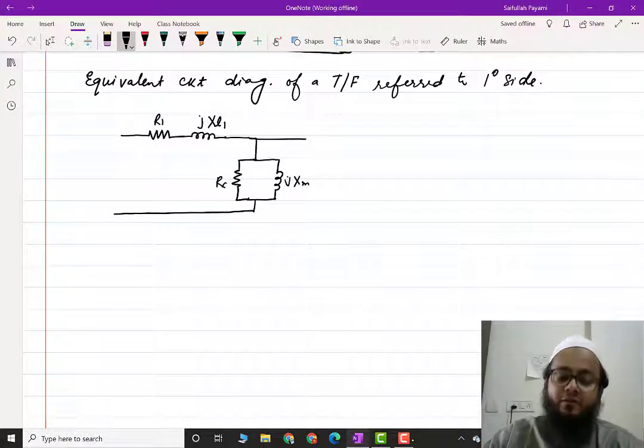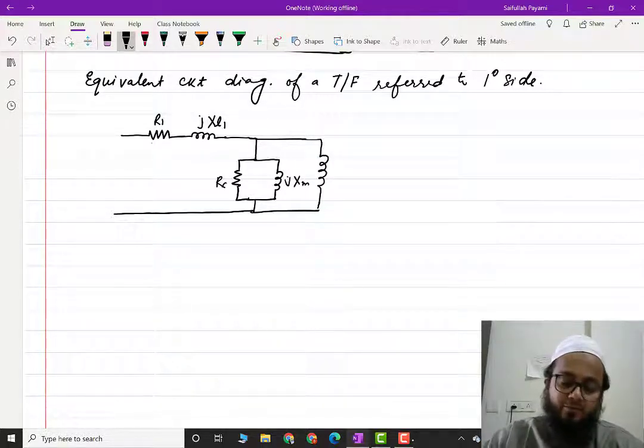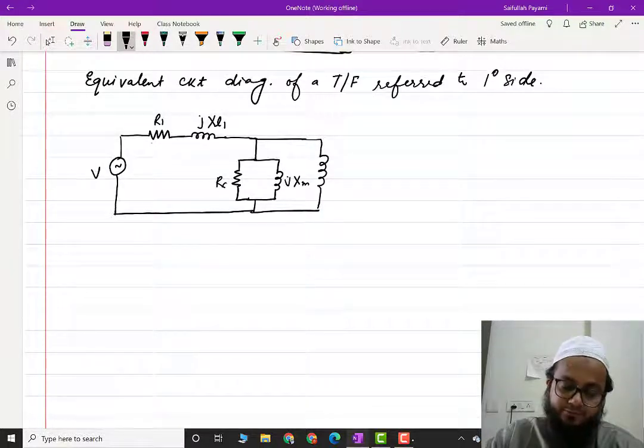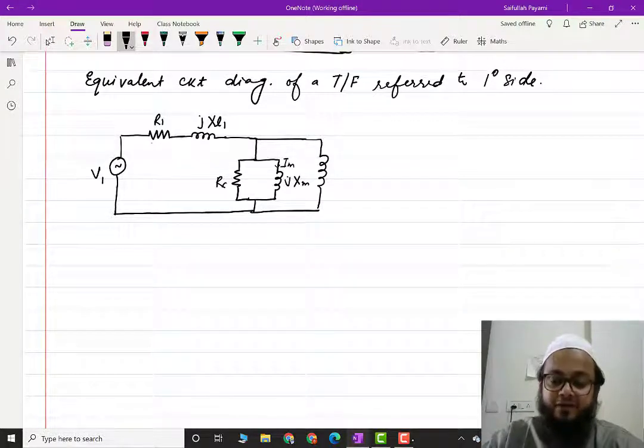One more question may arise: why are you showing the shunt after R1 and jXL1? The answer is, even if you are applying a voltage V1 here, this magnetizing reactance is drawing the current IM, and it is producing the flux, and that flux is dependent upon the induced EMF.